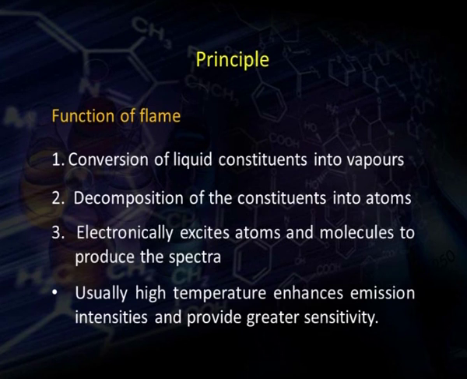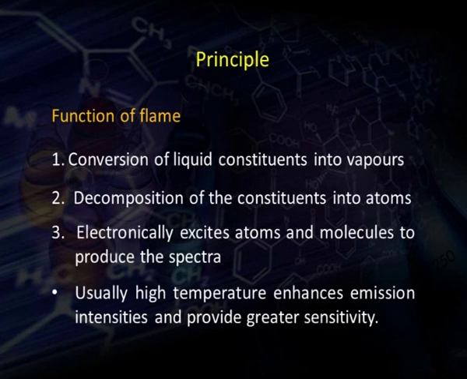Coming on to the function of the flame. Number 1, conversion of liquid constituent into vapors. Number 2, decomposition of the constituents into atoms. Now, the vapors undergo dissociation into atoms. Number 3, electronic excitation of atoms and molecules to produce the spectra.